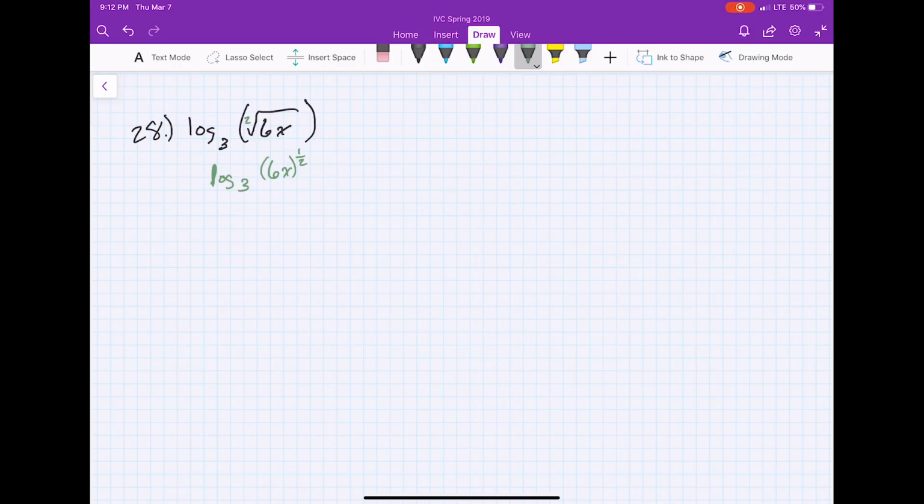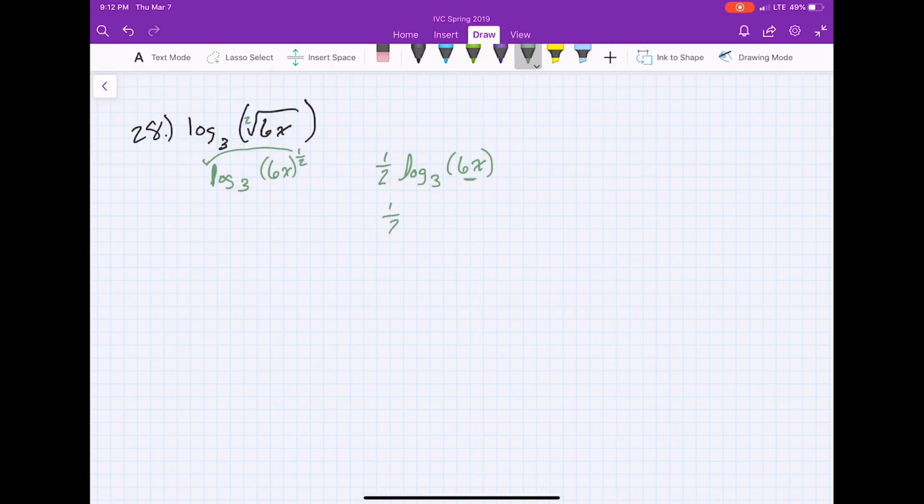So we have log sub 3 of this. Well, remember we can move this 1/2 out front. So we can rewrite this as half log sub 3 times 6x, right? But since this is 6 times x, we can split that out into addition.